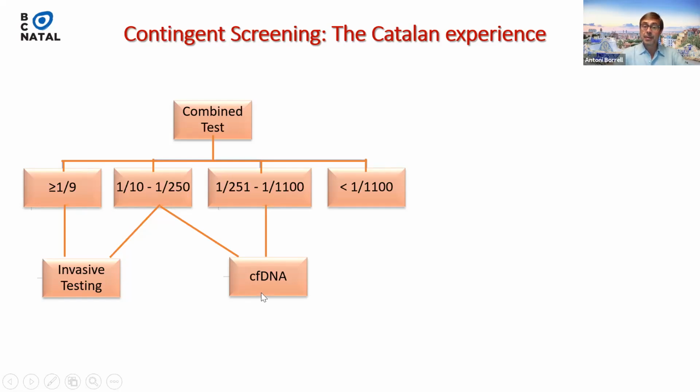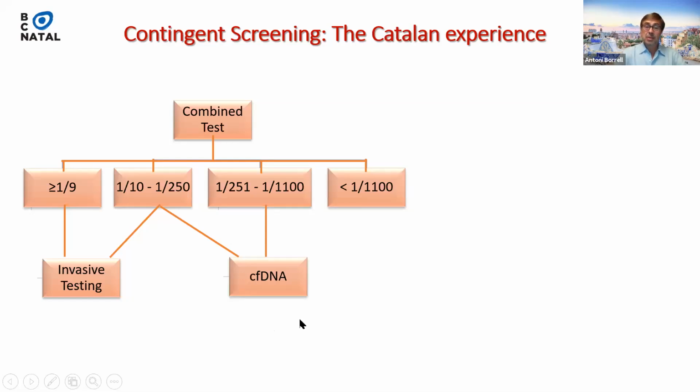or cell-free DNA testing. And I always do this counseling, and I say you can choose between 2 tests. Neither of the 2 tests is perfect. Invasive testing is fantastic for detecting all the anomalies, 100% detection rate for chromosomal anomalies and also microdeletions and microduplications, but it carries a small risk of fetal loss that I quote at 0.2%.